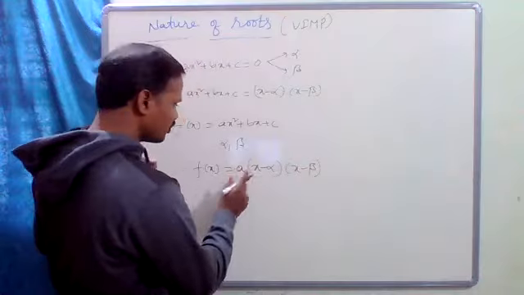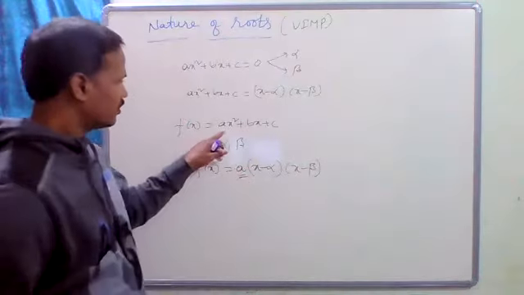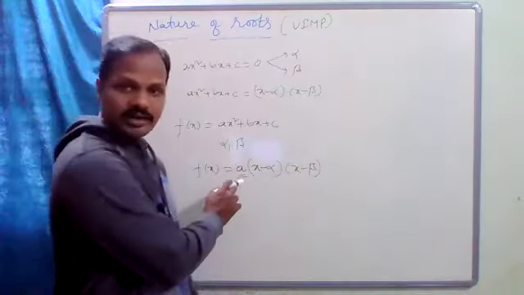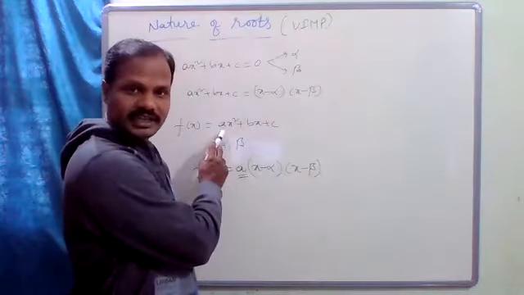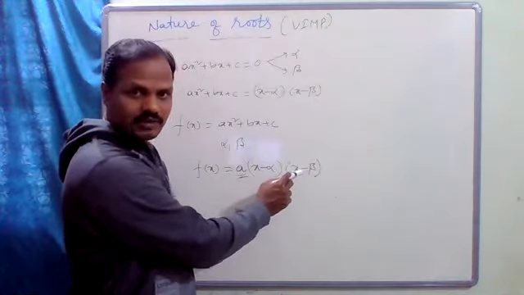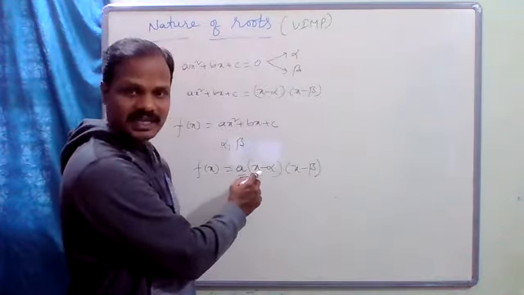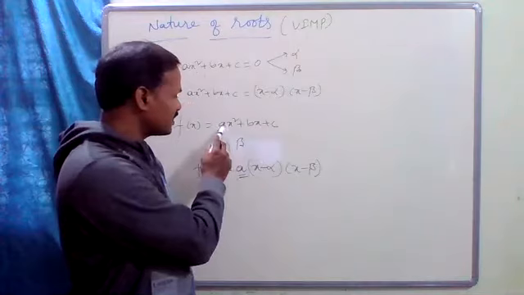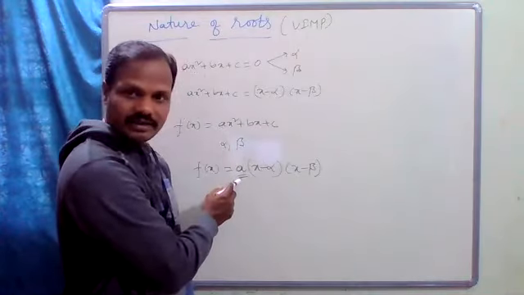Here a should be there, this coefficient must be there because this is the polynomial with the leading coefficient a. If you multiply x minus alpha into x minus beta, the x square term is there, but the leading coefficient is a, so you should write a here.